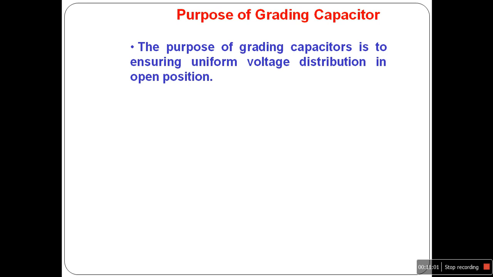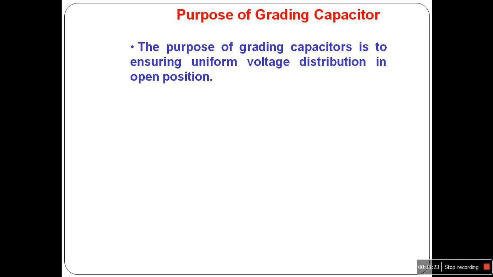Now I am asking you one question. Why did we use a multi-interrupter circuit breaker in 400 kV switchgear, not a single break circuit breaker? This is a very interesting question and it will reveal some important points also.